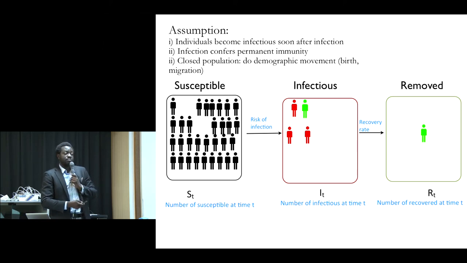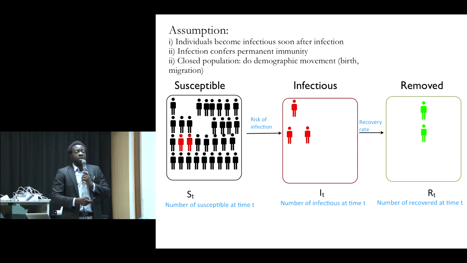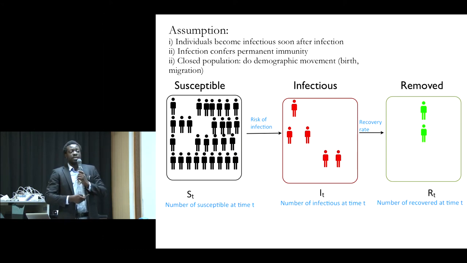And we have 1 who got infected. He becomes immune, so he moves there. So if the time step is every day, we're going to see some migration of people from one block to another block.